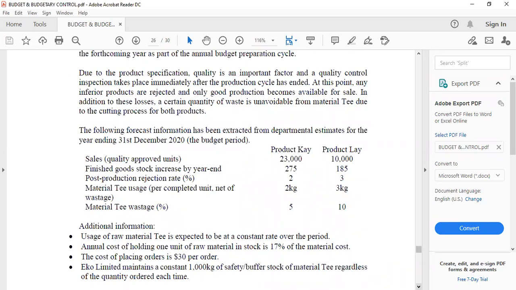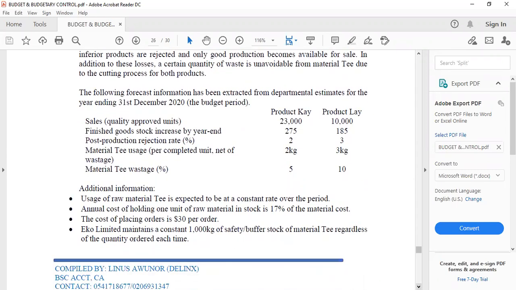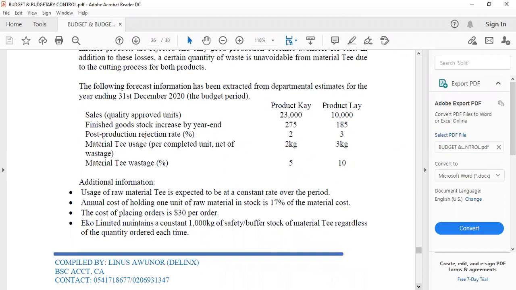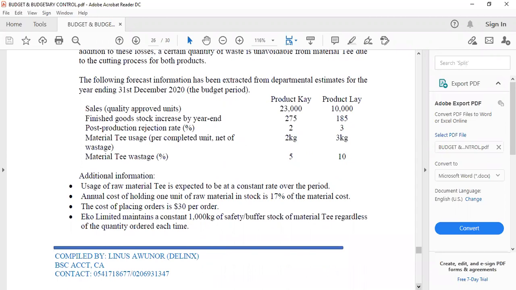Annual cost of holding 1 unit of raw material in stock is 70% of the material cost. 3. The cost of placing an order is $30 per order. 4. Eco Limited maintains a constant 1,000 kg of safety/buffer stock of material T, regardless of the quantity ordered each time.